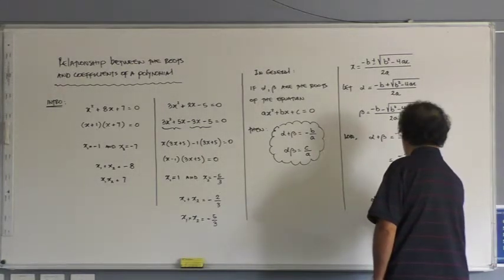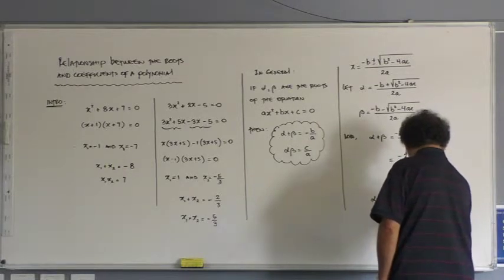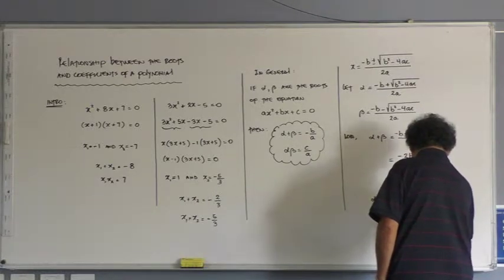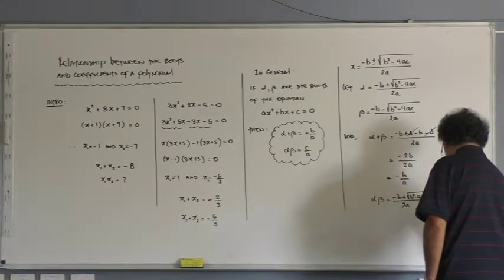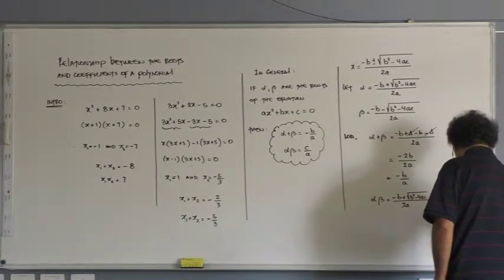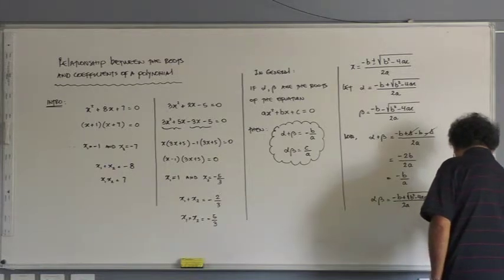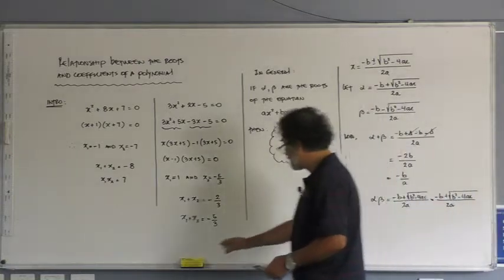We're going to have minus b plus the square root of b squared minus 4ac, divided by 2a, and then multiply that by minus b plus the square root of b squared minus 4ac, all divided by 2a.